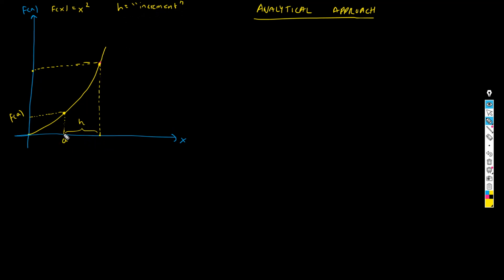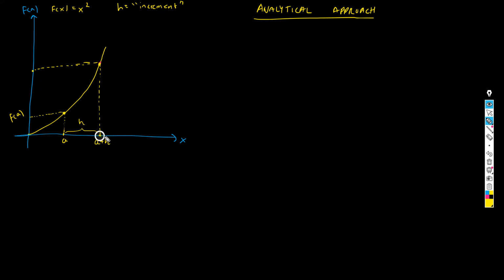So if this particular number is a, and the section or the part from here to here is h, okay, the length of this segment is h, then what is this new number? If this is a and we are adding h, then this number is clearly a plus h.